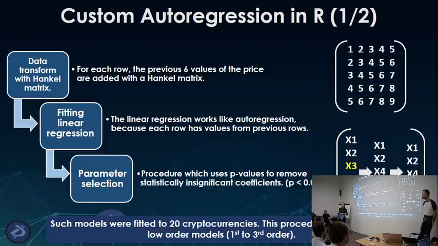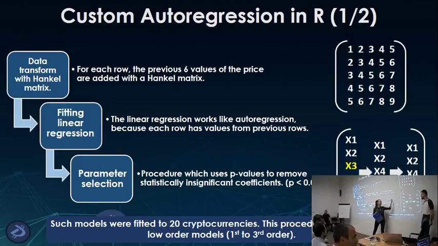We didn't want to use one model for all of them, so we had to optimize our algorithm to create 20 different optimal models. As I said, we used 6 coefficients in the beginning, and not all of them are good.